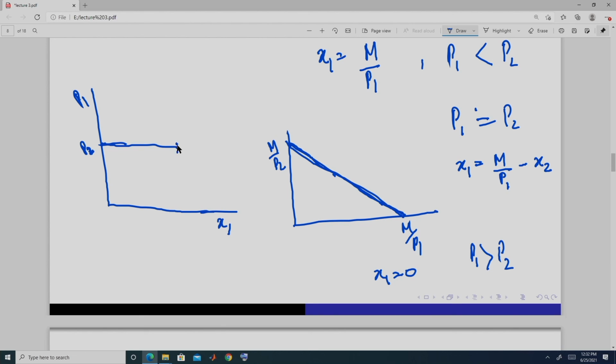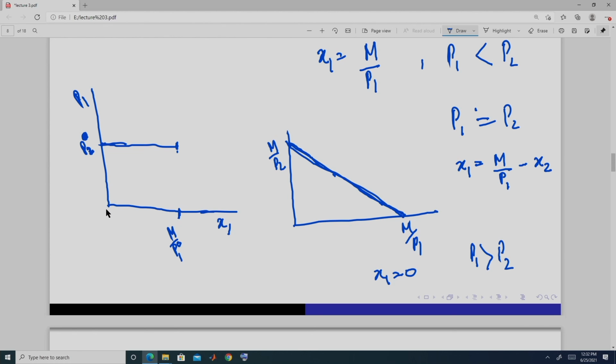So suppose this amount is m by P2, and this is P1. So this is the amount demanded, and x2 is 0.